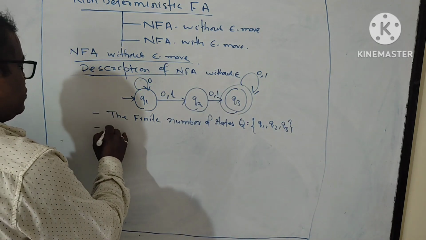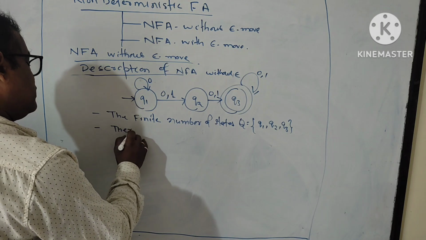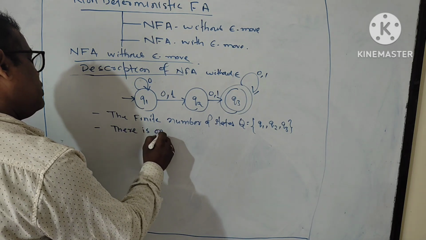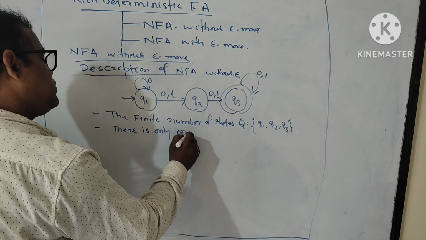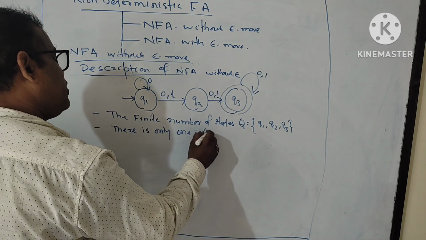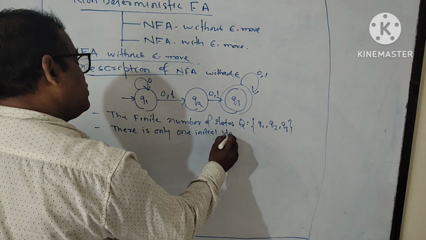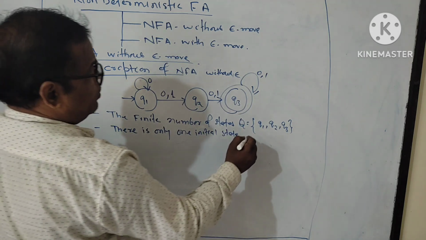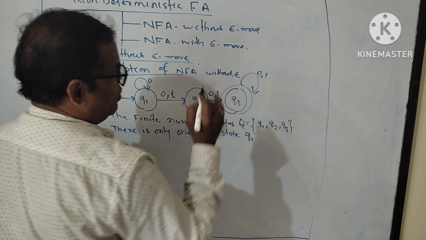Point number 2, there is only one initial state. How many initial states? Only one initial state. What is it called here? Q1.